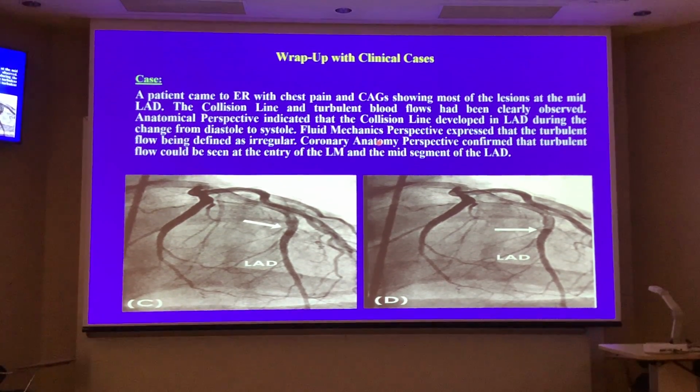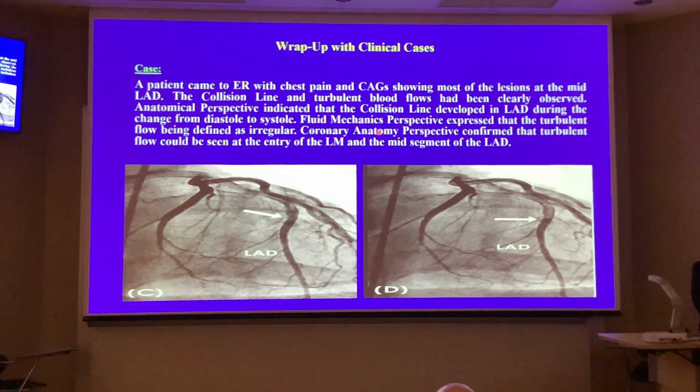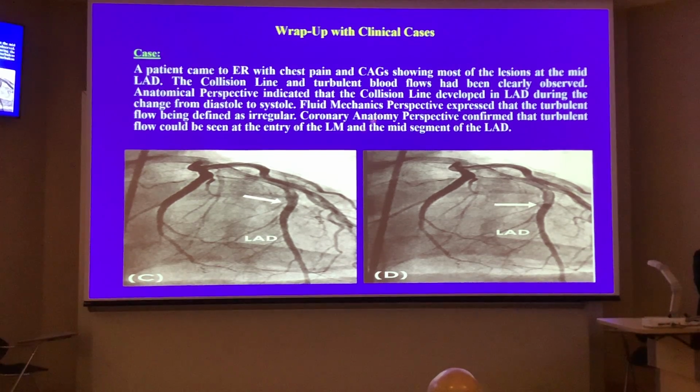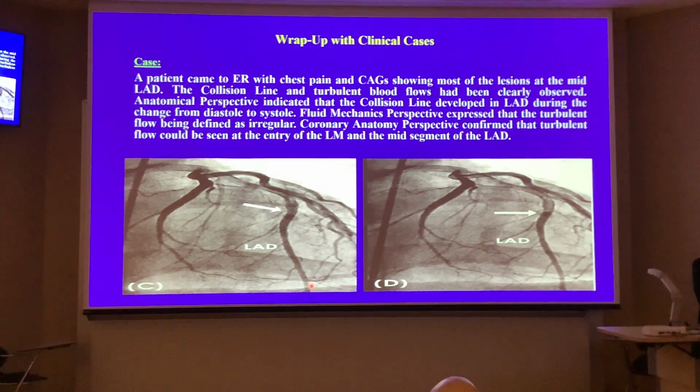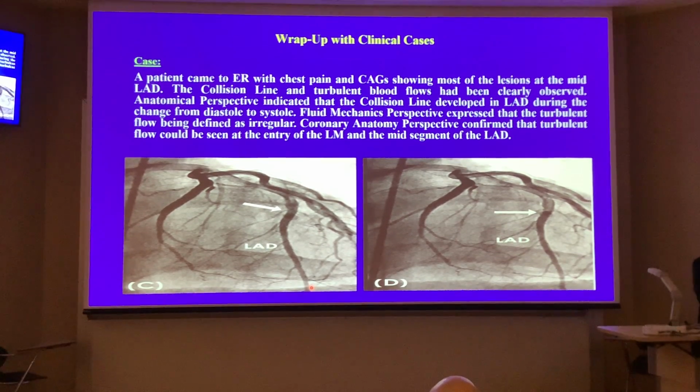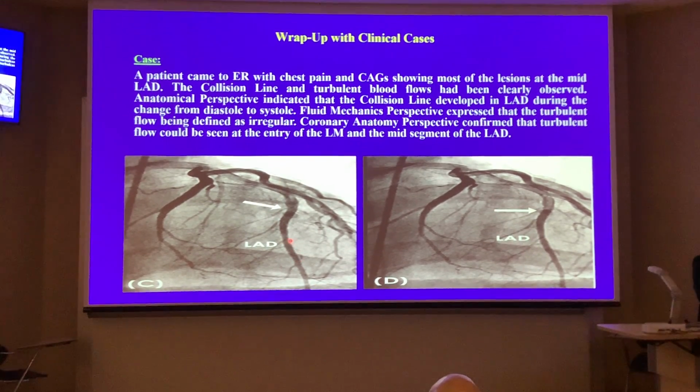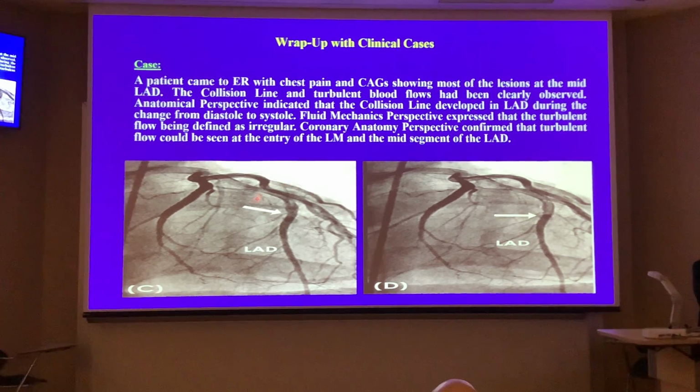So in a patient with severe or uncontrolled hypertension, the left ventricle will generate more, very strong pressure, and push the blood flow back to the proximal segment of the coronary artery.